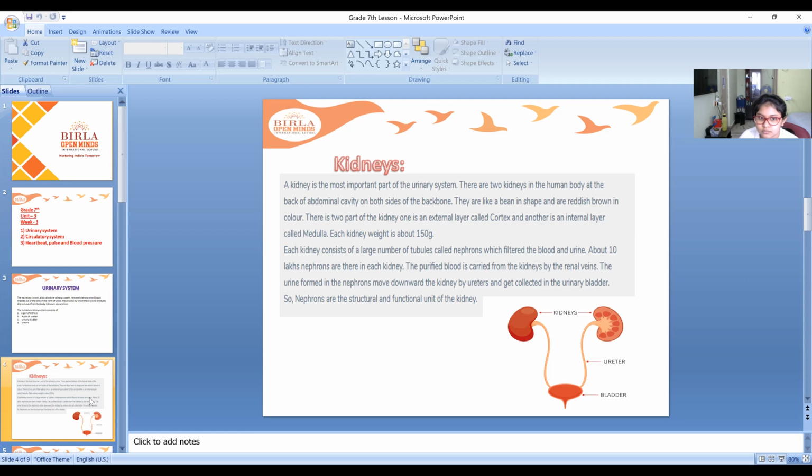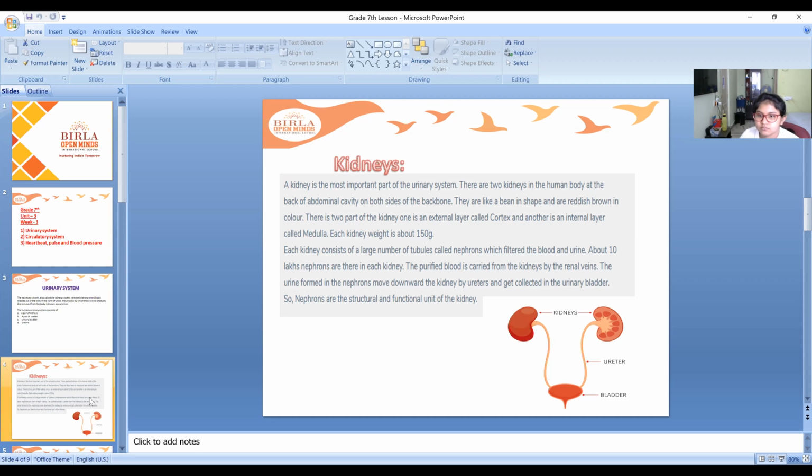Each kidney consists of millions of tube-like structures called nephrons. Nephrons are the working units of kidneys. After discussing this, I'll go back and explain the solid waste which is taken out. So now going into detail about these kidneys.